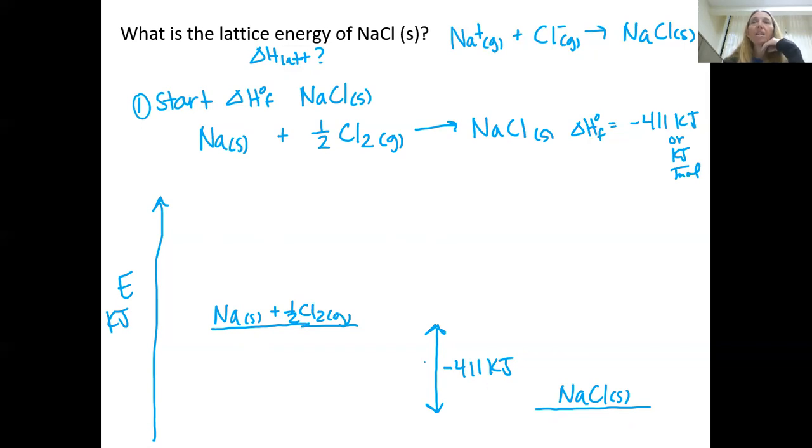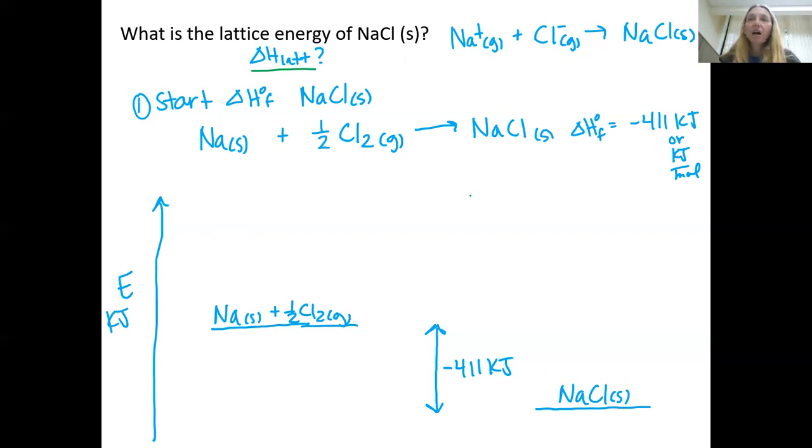The other information that I have is this lattice energy. Maybe I'll put this in green. And so I want to find the lattice energy, that's the whole goal. Now, in order to do that, I have to find Na+ gas and Cl- gas to form sodium chloride.